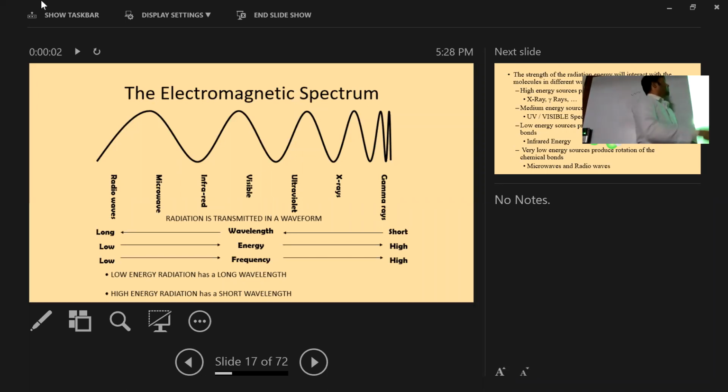So if you give a different amount of energy, what wavelength you are giving to the molecule, depending on that energy or that wavelength, which corresponds to some energy, that will determine how the molecule will behave.